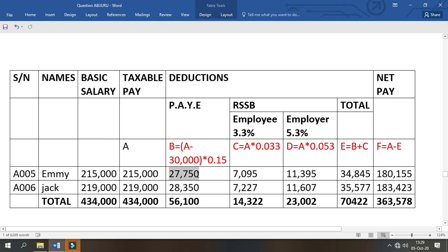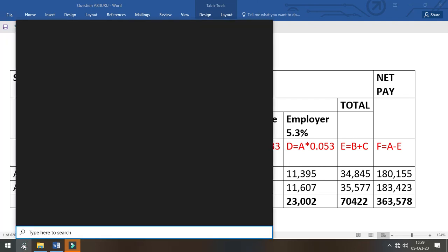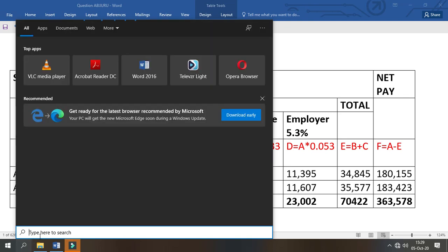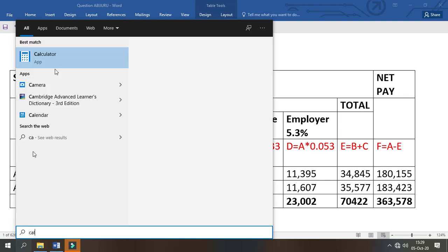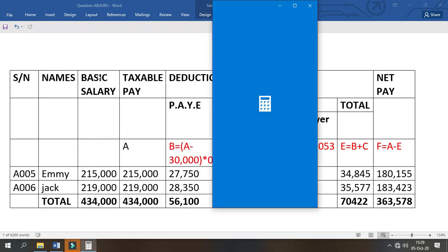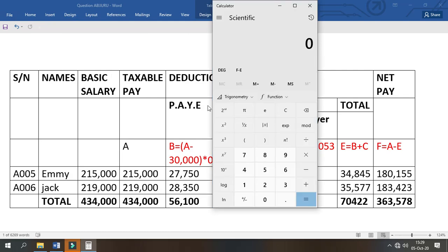This amount is obtained by taking the taxable pay minus 30,000 multiplied by 15%. Let me do it on our calculator.